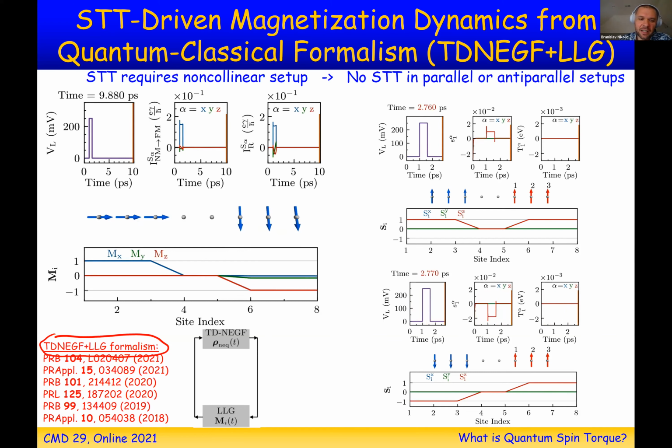When the referee was trying to talk to us verbally, we just told him, watch the movie and see that what you're saying is not possible. So in any case, the message here is that unless you have non-collinearity between the incoming flux of moving electronic spins and the spins which are going to receive the torque, nothing happens.